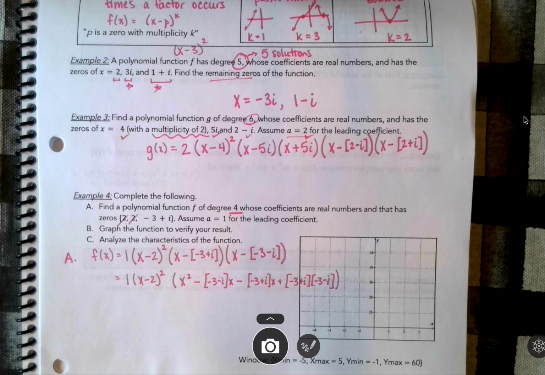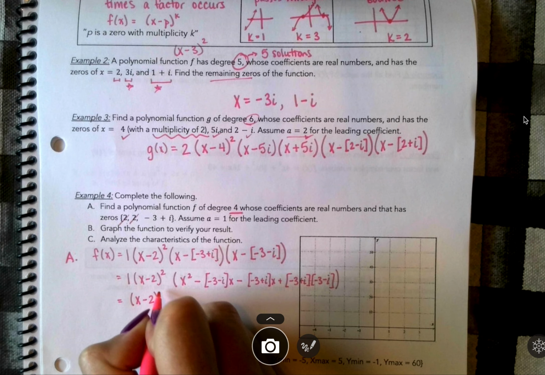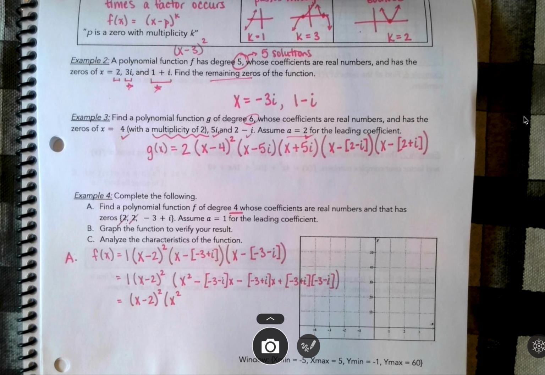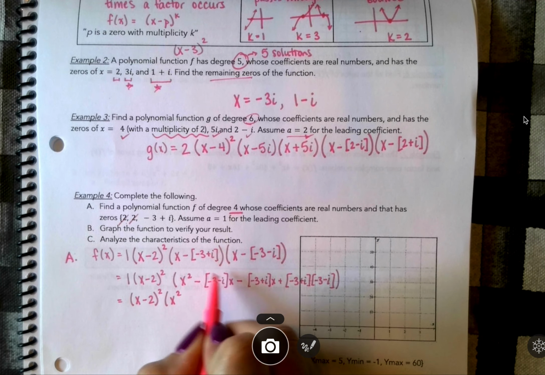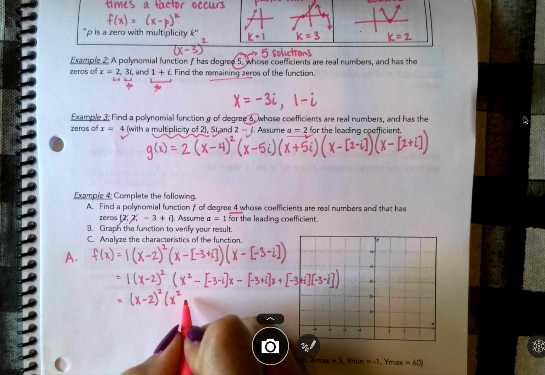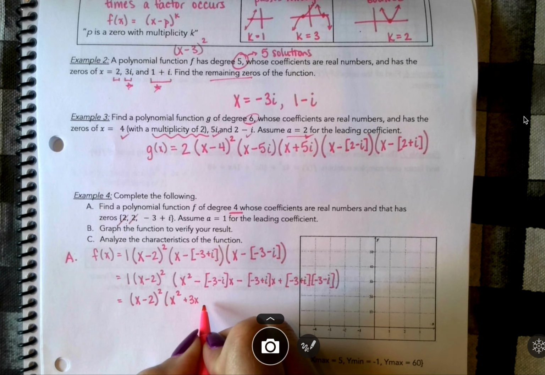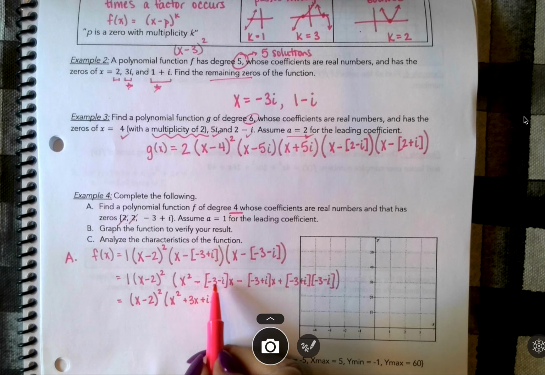So that looks gross. So I'm going to simplify it even further. I'm not going to write the 1 anymore because we know if I don't include it, it's still there. So I have x squared. And then I'm going to distribute this negative in. So negative would be plus 3x because it's also getting multiplied by x, and then plus ix because negative times negative is a positive.